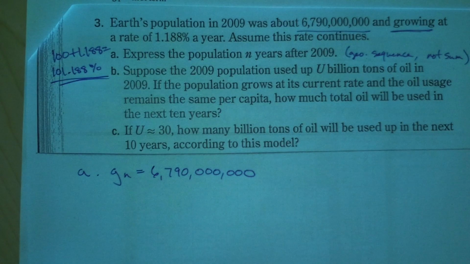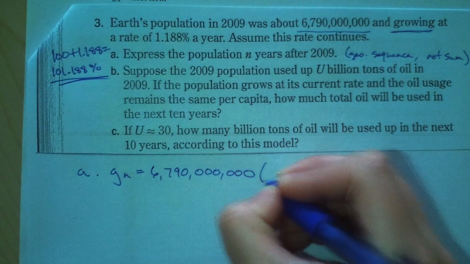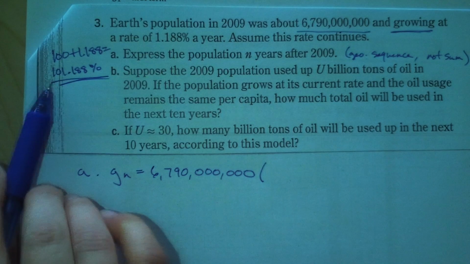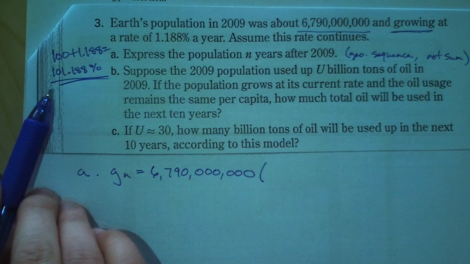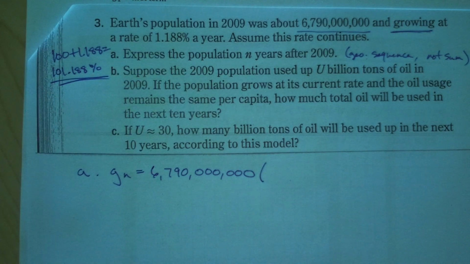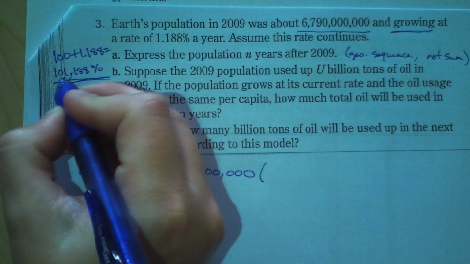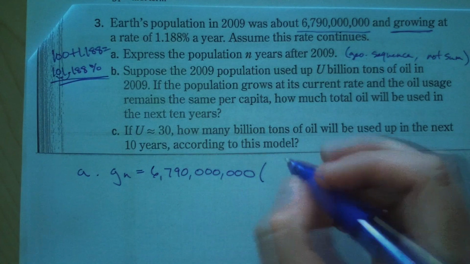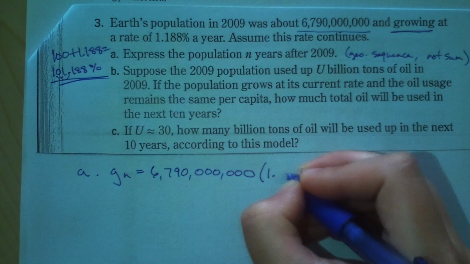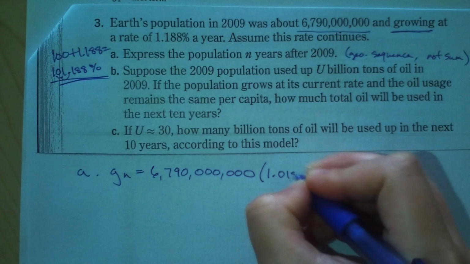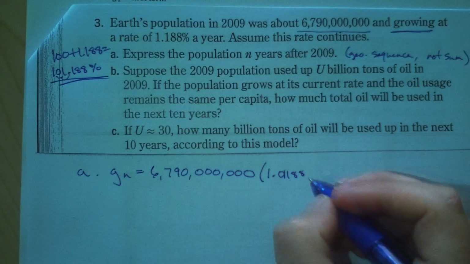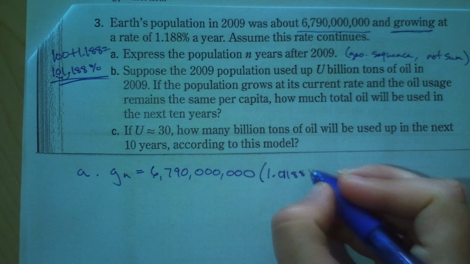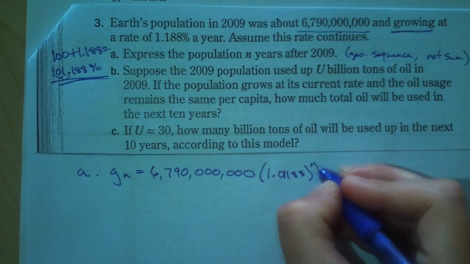So this would be the same as, again, we don't know what this is, so we're just going to leave it as the U, parentheses, 1 minus, always what our rate is here, 1.01188 to the power of, we do know our n in this case, because our n is the 10 as that top number, so the power of 10, over 1 minus our rate value.